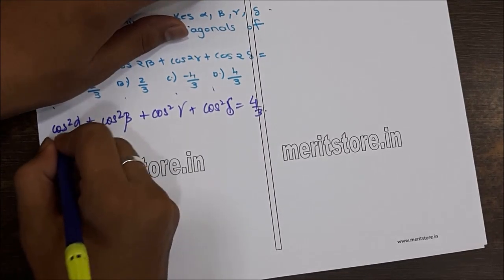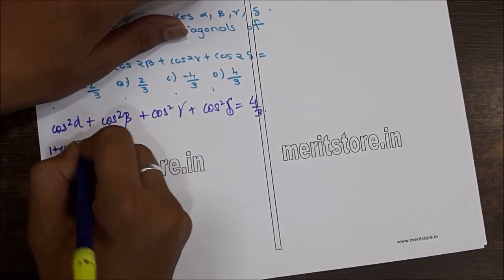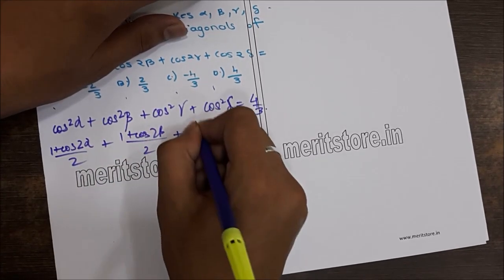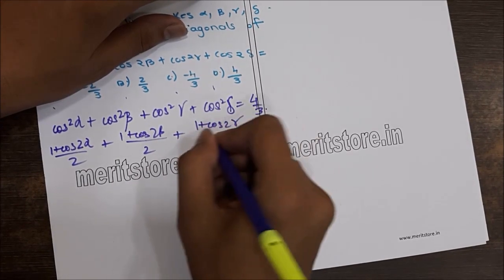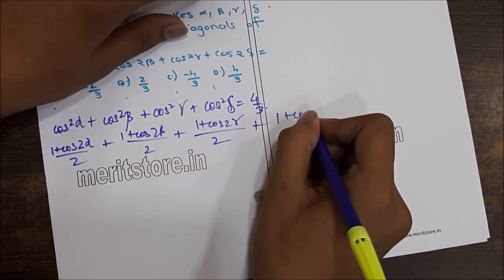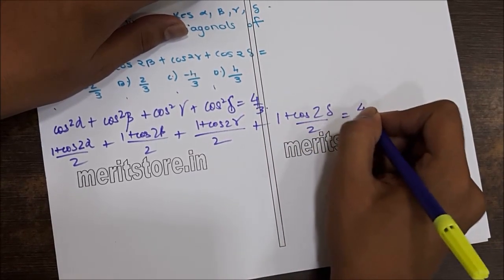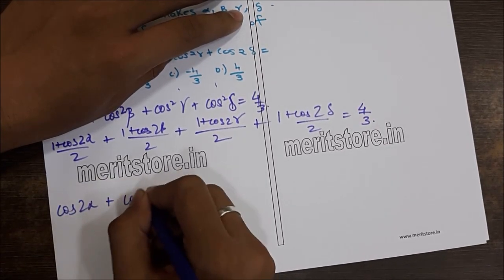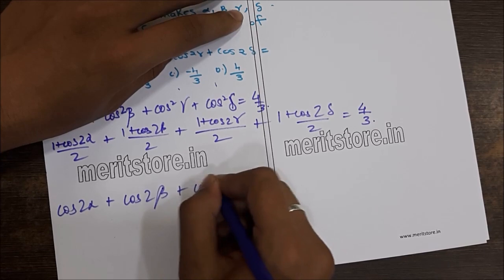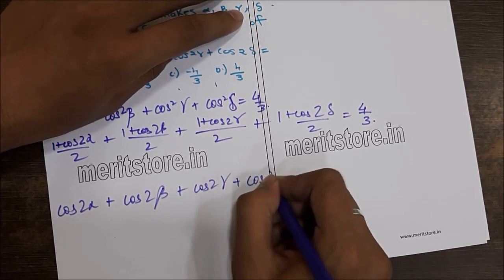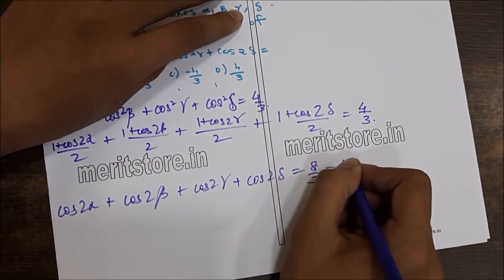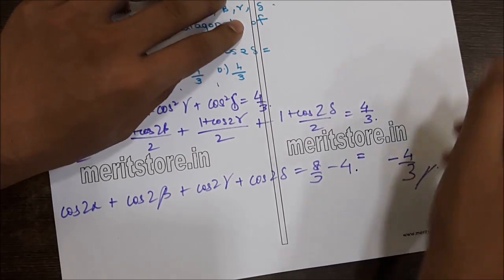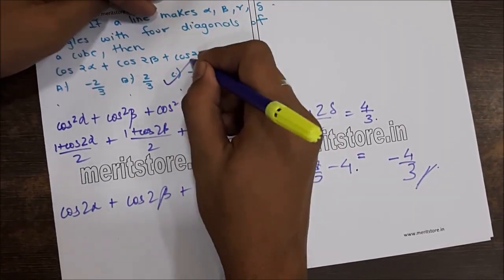Further simplifying this, we'll get (1 plus cos 2 alpha) upon 2 plus (1 plus cos 2 beta) upon 2 plus (1 plus cos 2 gamma) upon 2 plus (1 plus cos 2 delta) by 2, which is equal to 4 by 3. So further solving this, we'll get cos 2 alpha plus cos 2 beta plus cos 2 gamma plus cos 2 delta, which would be 8 by 3 minus 4, which would be minus 4 by 3. So our correct answer is option C.